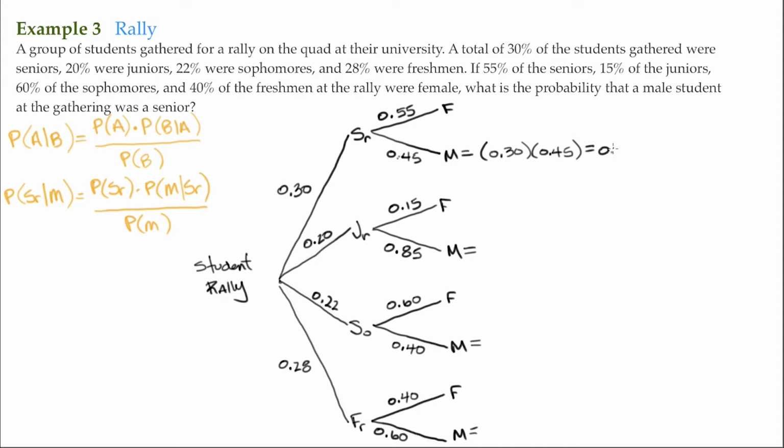That is 13.5%. So here we have 20% times 85%, 17%.